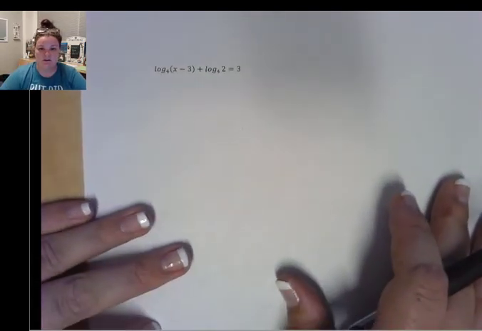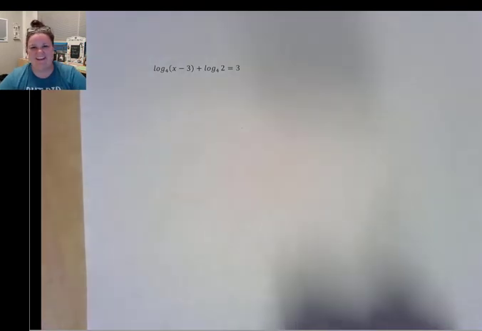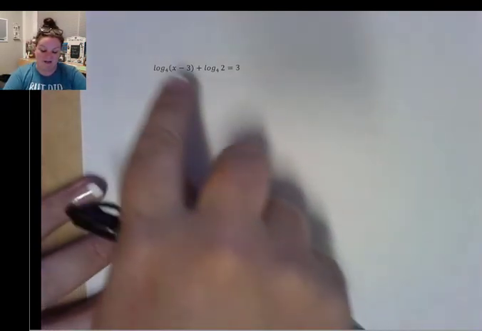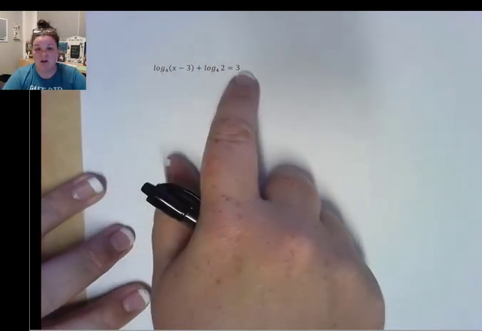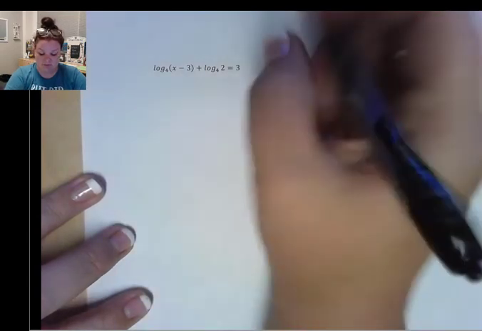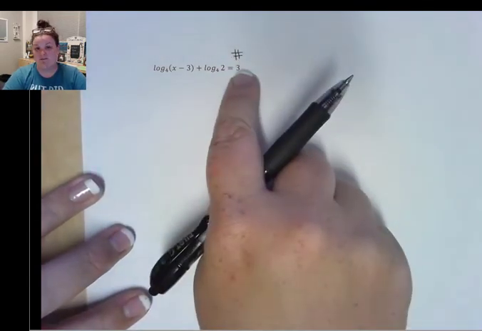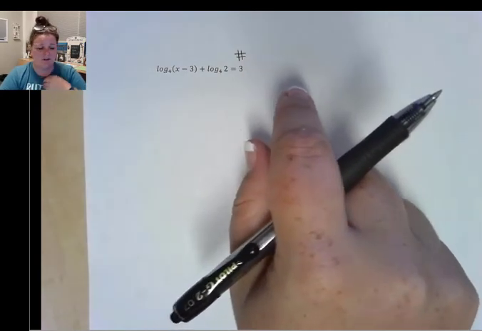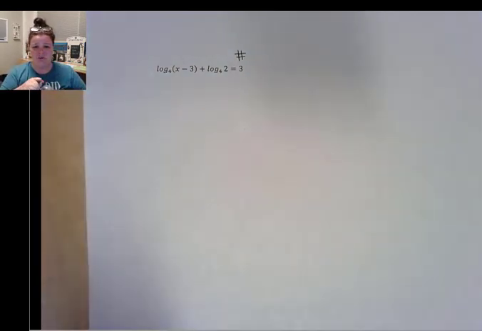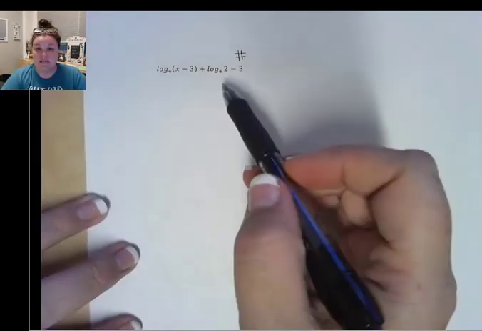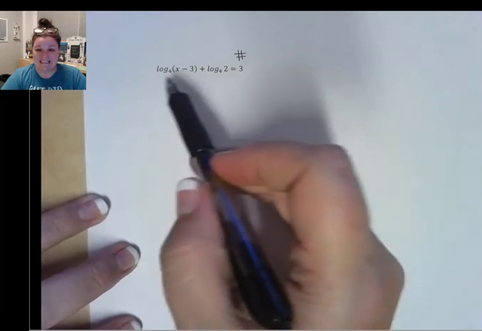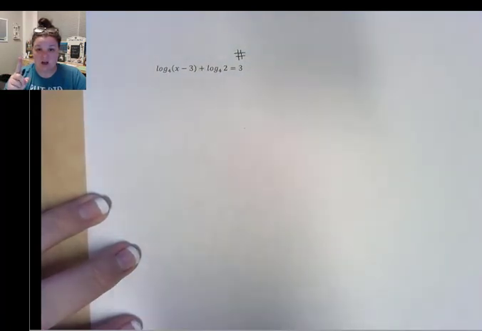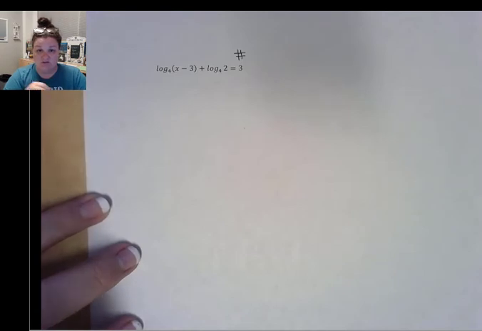Next one, okay, we can't do that fun little trick on this one, right? Because I noticed right away I don't have logs on every single one. This is my regular number, right? If I have a regular number, that tells me I'm going to have to change forms. So the first thing I need to do is condense this side so that I have 1 log equal to a number, right?